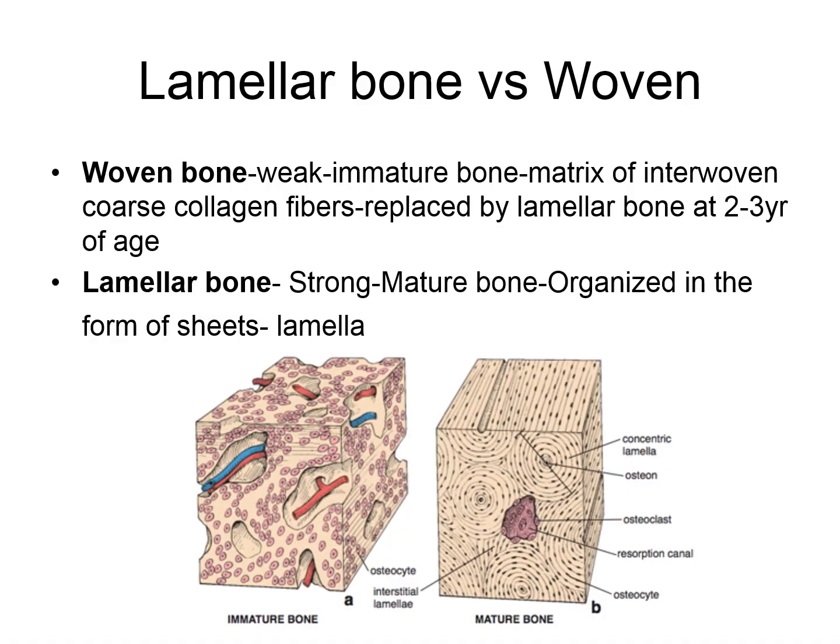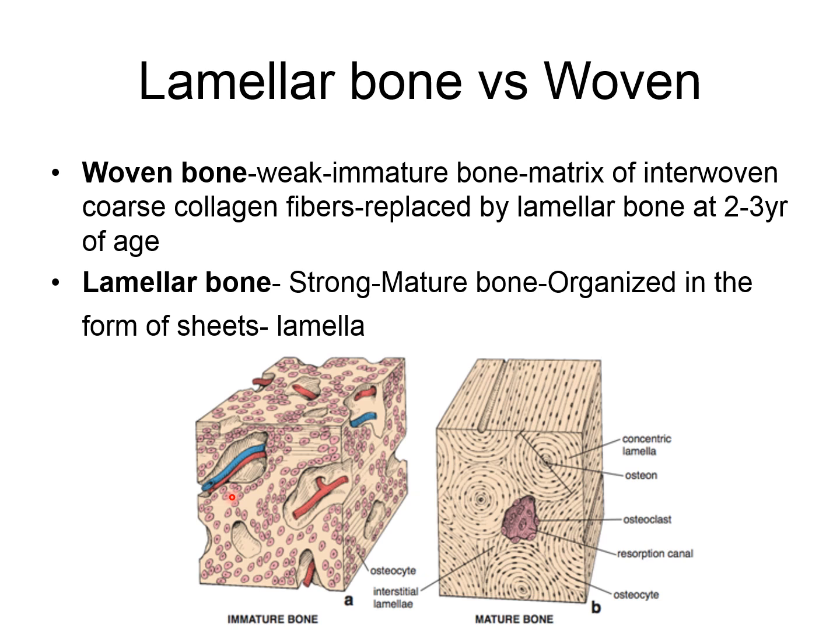By doing histology, we can identify two types of bones on the basis of their structure: woven bone and lamellar bone. Woven bones are weak, immature bones, and their matrix is interwoven collagenous fibers, and the osteoclasts are randomly present in the matrix.